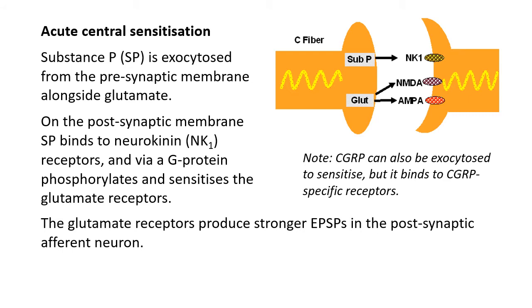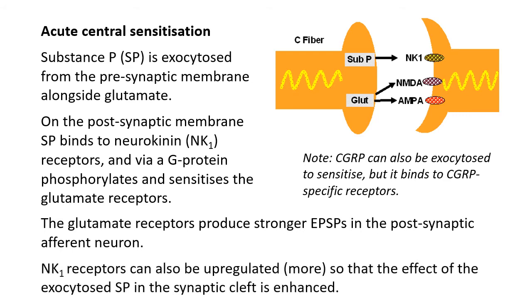Via G protein signaling, this phosphorylates the AMPAs and makes them more likely to open, and for longer. Also, the substance P receptors, NK1, on the postsynaptic membrane can be increased. This enhances the effect of substance P when it's exocytosed into the synaptic cleft.